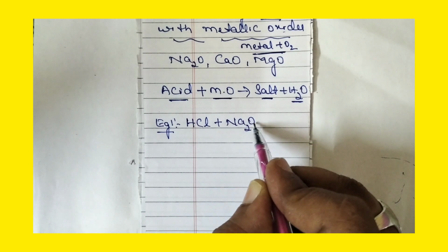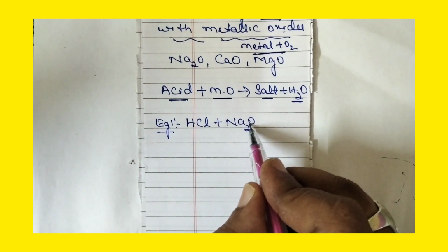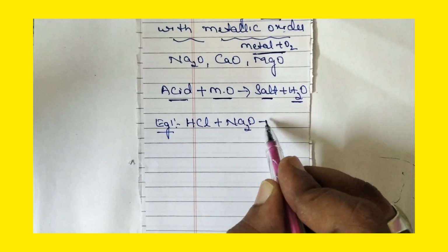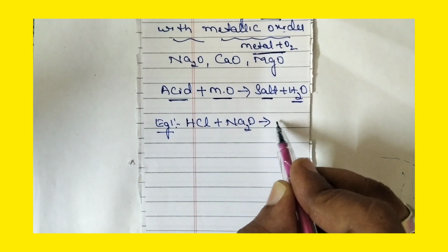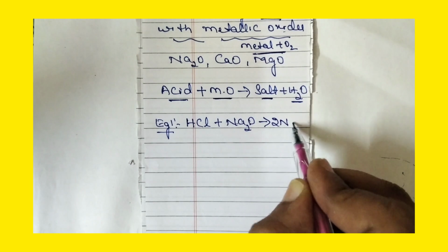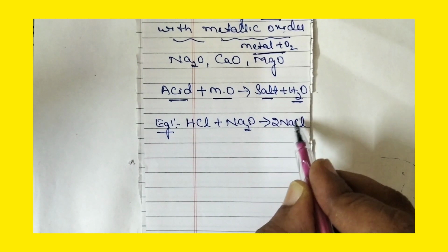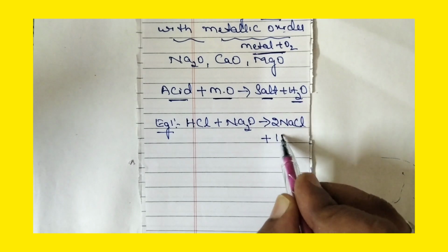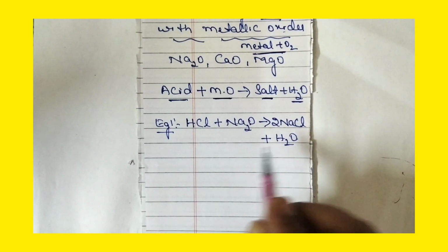HCl is an acid, sodium oxide is a metallic oxide. So when acid reacts with metallic oxide, it forms a salt, that is NaCl, sodium chloride, along with water, H2O.